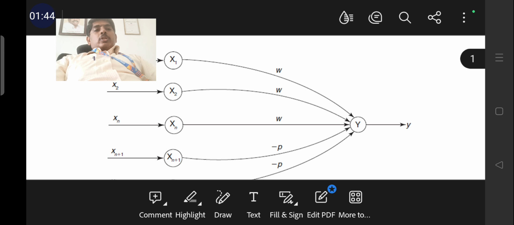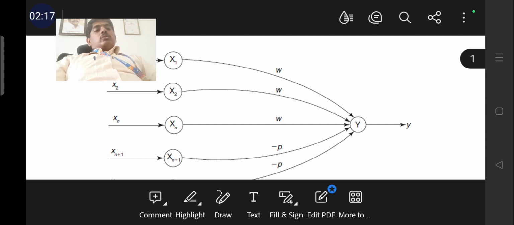In the McCulloch-Pitts neuron model, there are two types of weights. One is called excitatory weights, the second is called inhibitory weights. All the excitatory weights have the same weightage with a positive sign. So in this diagram, all the w's are called excitatory weights: the weight values are the same and positive. Similarly, minus p1, minus p2, minus p are called inhibitory weights.